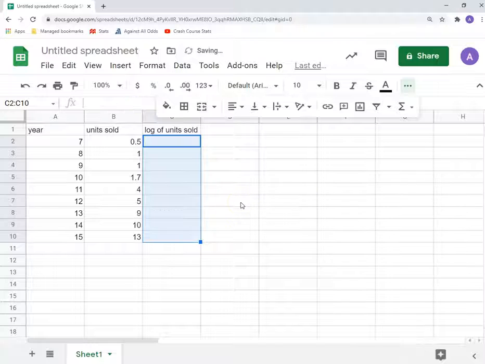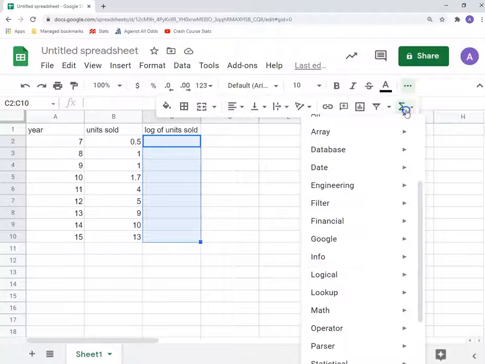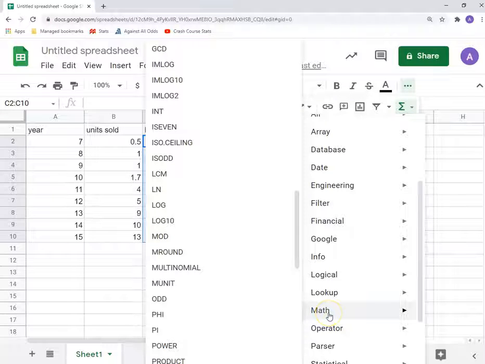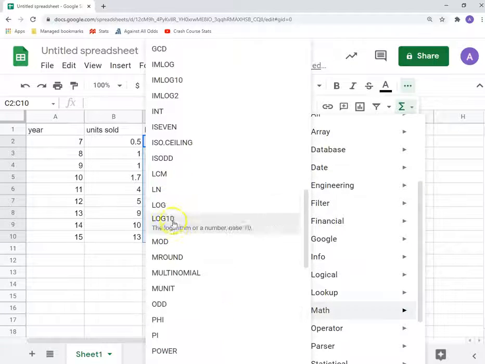All right, highlight the column. On the far right, I'm zoomed in so mine's not on the far right, but you should have this sigma notation. Click on it, go down to math, and it should open another pop-up. Go into the L's because we're working with log, and choose log 10. Math, log 10.